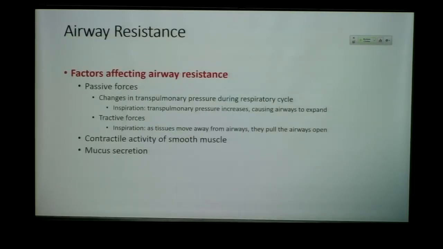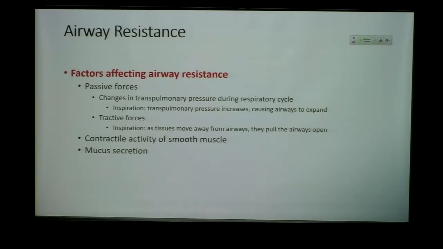Okay, so there are passive forces that can influence resistance. So basically changes in the transpulmonary pressure, which basically mean that movement of the pleural cavity, as well as tractive forces, so that stickiness of the pleural sac when the chest wall pulls on the pleural sac, which pulls on the lung tissues, that does what to resistance?